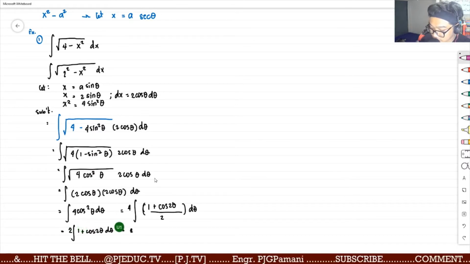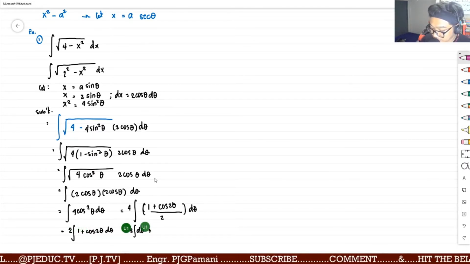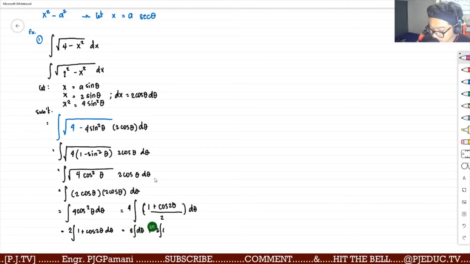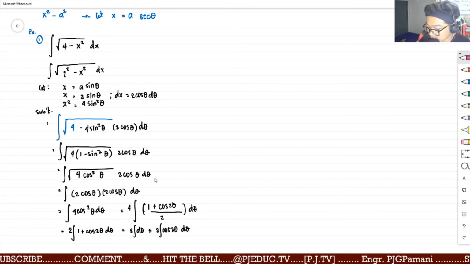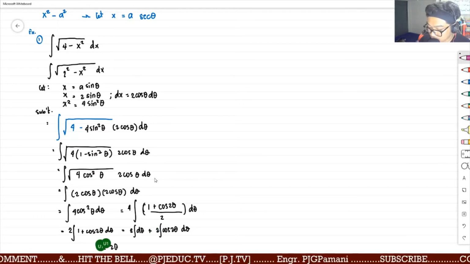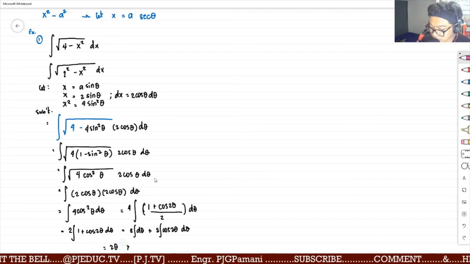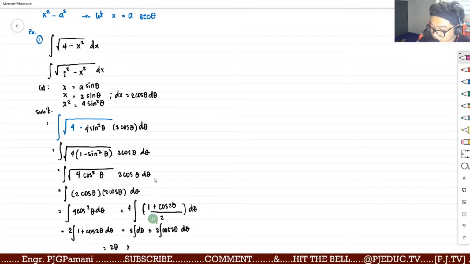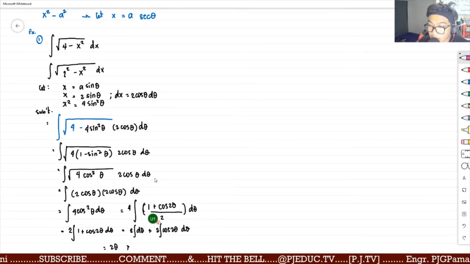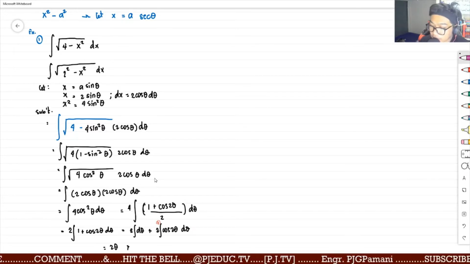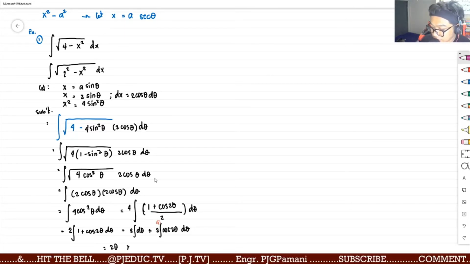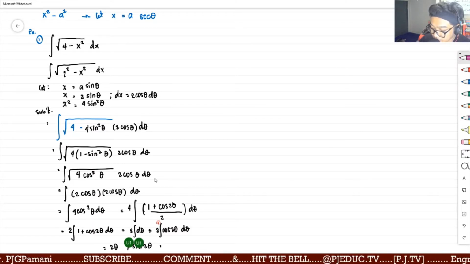Simplify further, that is 2 integral of d theta plus 2 integral of cosine 2 theta d theta. That is simply 2 theta. And cosine 2 theta has a correcting factor of 1/2. Then the integral of cosine is positive sine. So 2 times 1/2 is basically 1. So that is now sine 2 theta plus c.